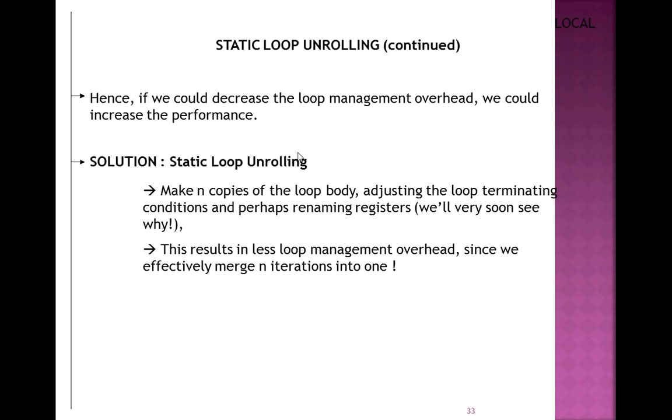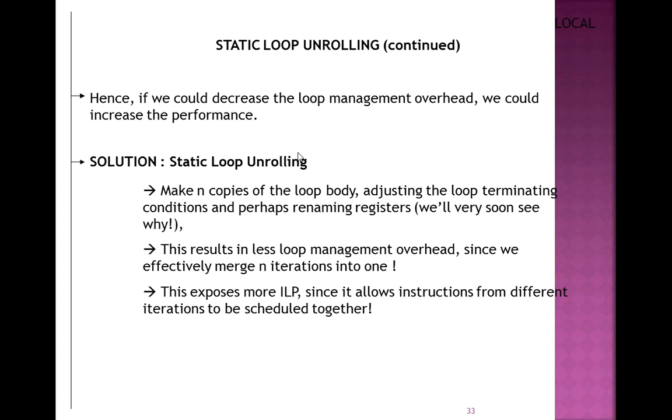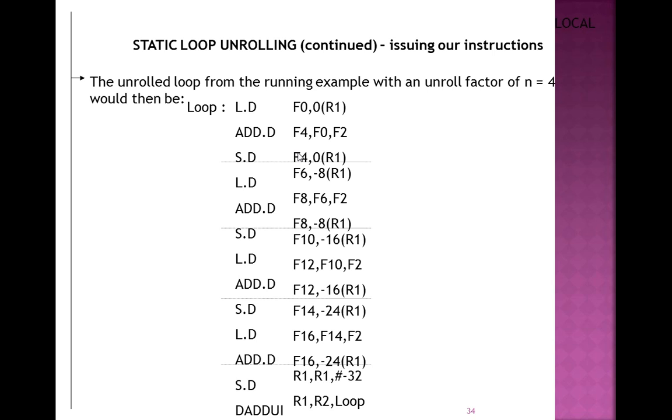Make n copies of the loop body, adjusting the loop terminating conditions and perhaps renaming registers. This results in less loop management overhead since we effectively merge n iterations into one. This exposes more ILP since it allows instructions from different iterations to be scheduled together.